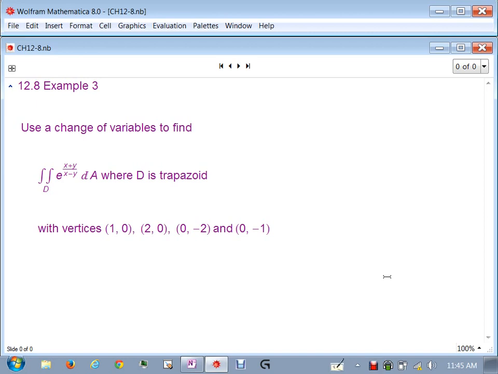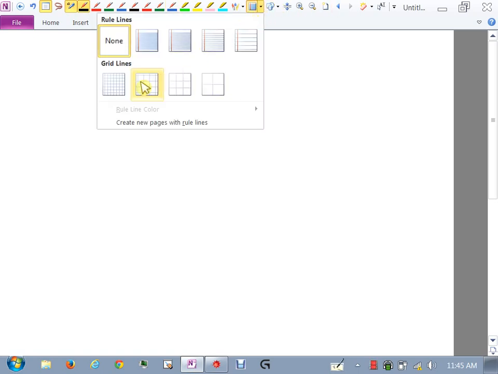See if this trapezoid is something you want to mess with. I still have my lecture notes out there, right? Make sure that you still have access to those.